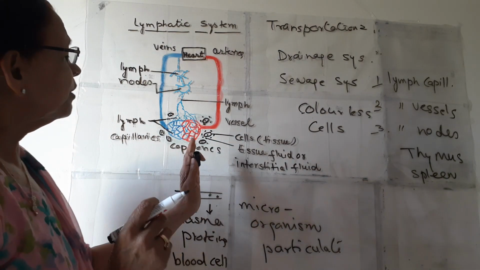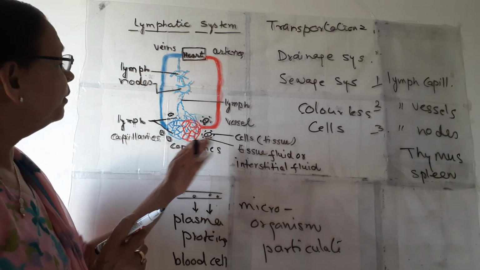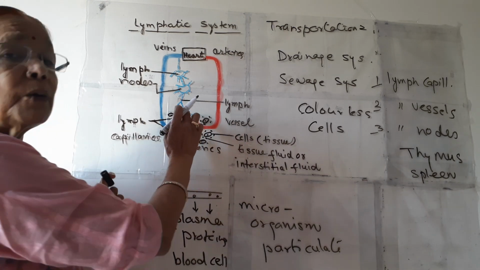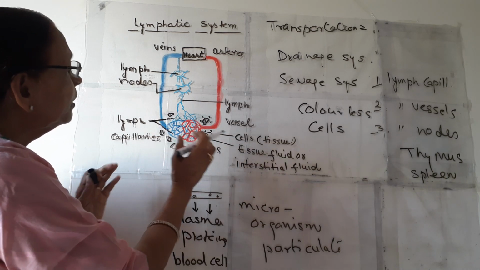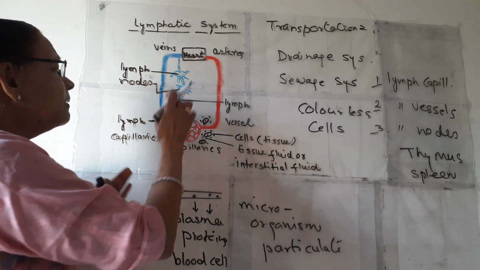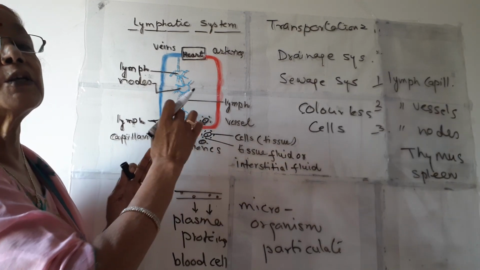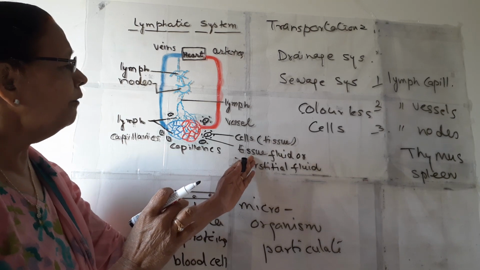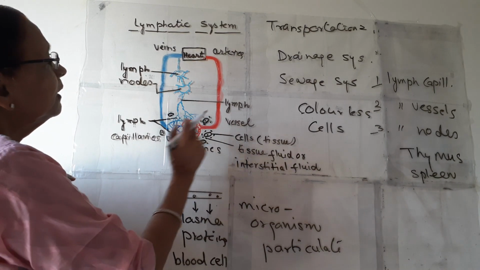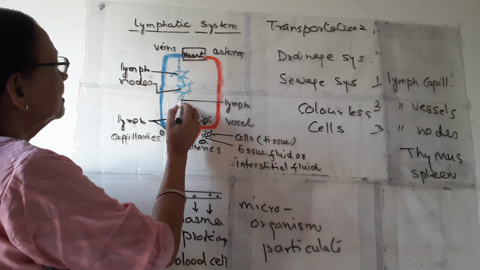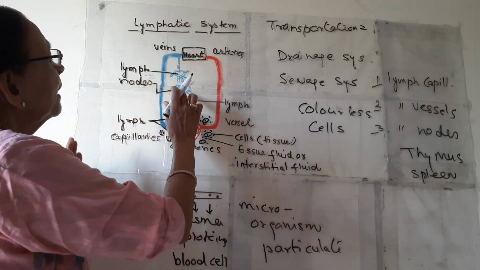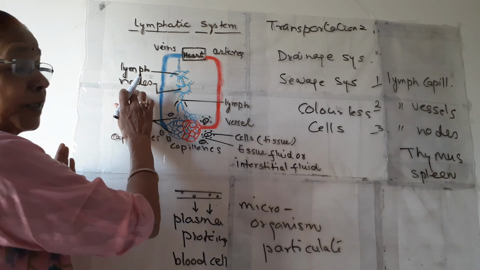So when this fluid is present in the tissue, these lymph capillaries are also present here, and this fluid is absorbed by the lymph capillaries. Now when it is inside the lymph capillaries, it is known as lymph instead of tissue fluid. These capillaries join to form lymph vessels. These are lymph vessels, and they go through the lymph nodes.